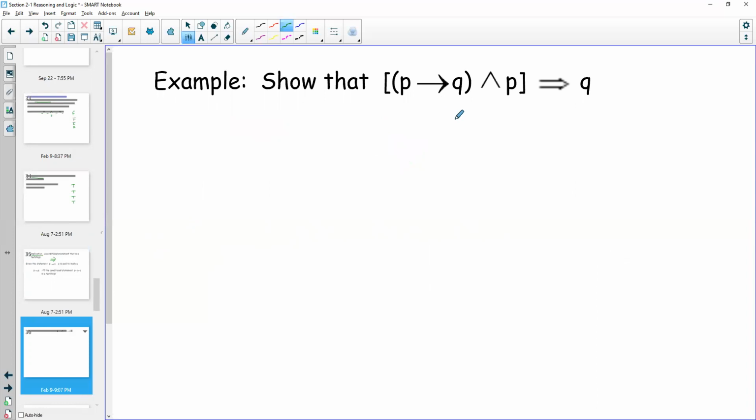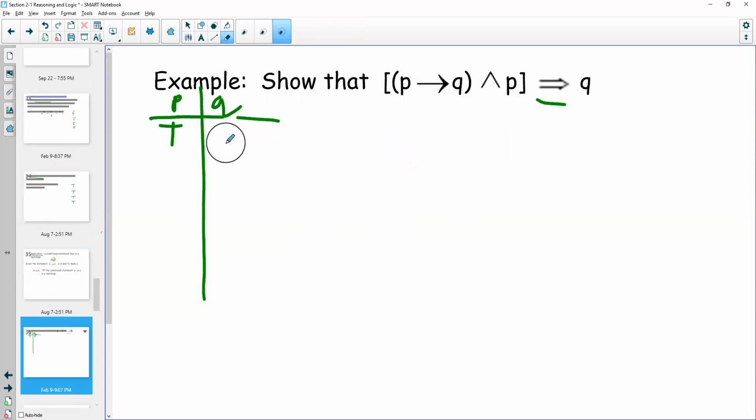So we can go through and show that P, if P then Q, and P always implies Q. Okay, so if we do our truth table, oh, sorry, I need my P and my Q. Okay, true, true, true, false, false, true, false, false.